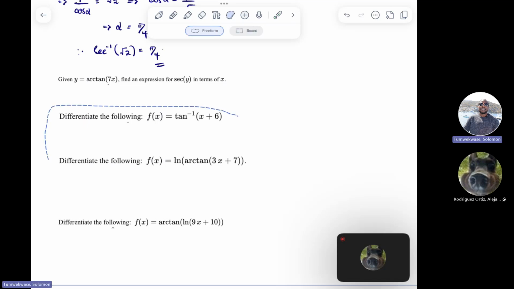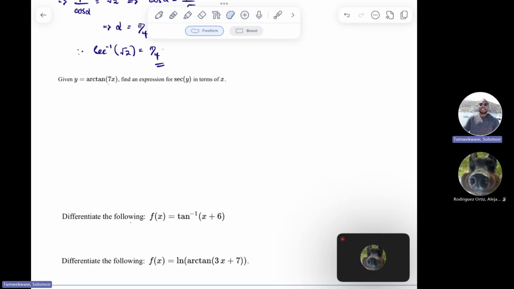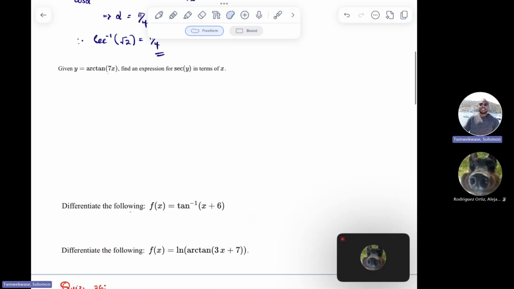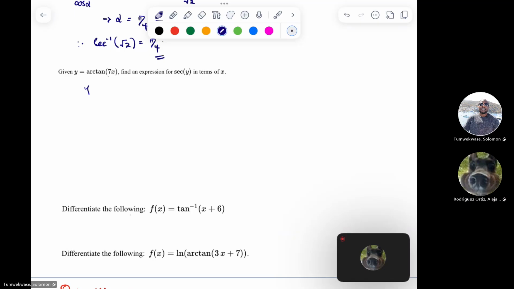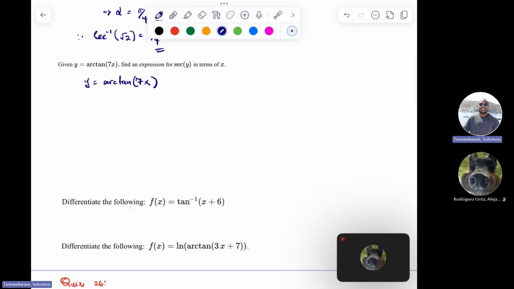To find the restriction, find the expression of secant y, given that y is equal to arc tangent of 7x. When I have y is equal to arc tangent of 7x, then it means that tangent of y is equal to 7x. And this is where you can use the help of the triangle method.